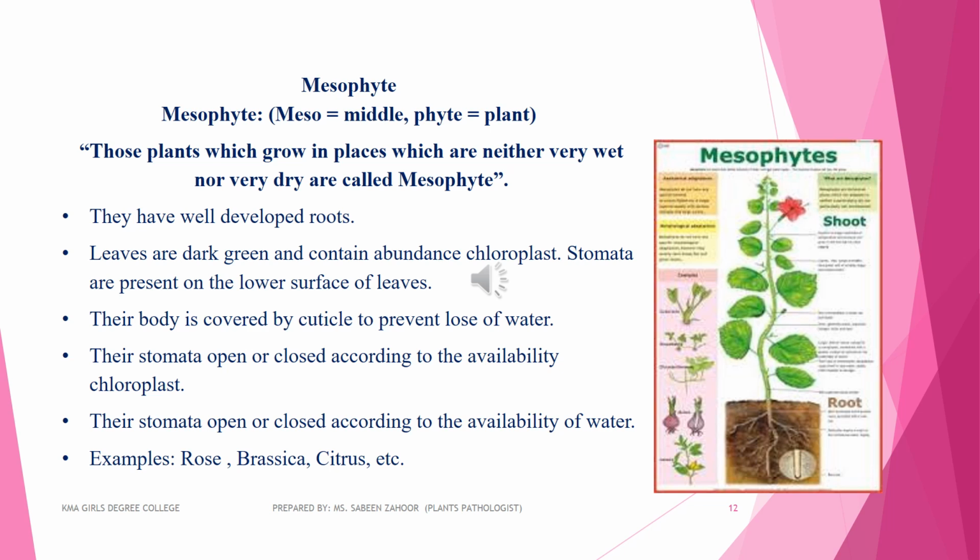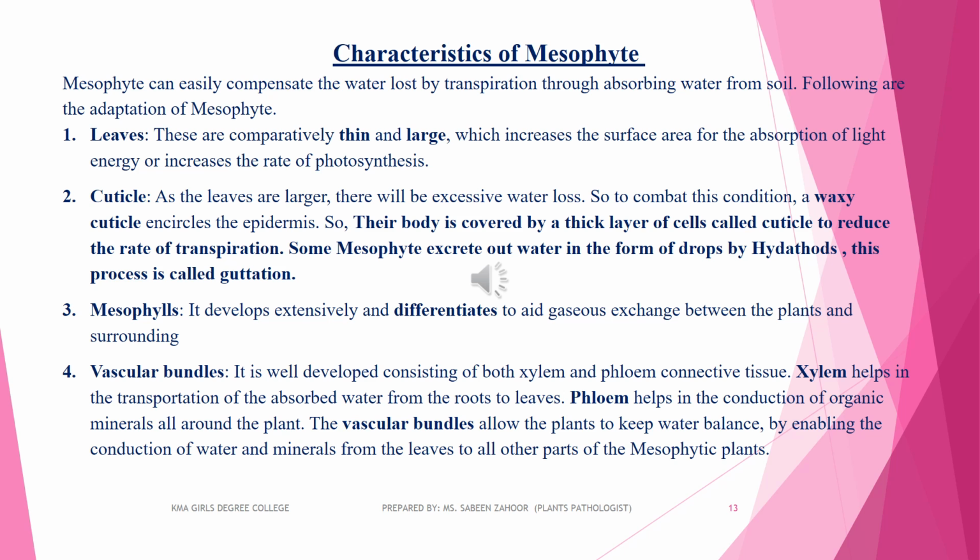And mesophytes are those plants which grow in moderate temperature, moderate amount of water and moderate availability of water. Along with water, availability of light, temperature, everything should be moderate for them. Okay, girls? Now the characteristics of mesophytes. Mesophytes can easily compensate the water loss by transpiration by absorbing water from the soil.